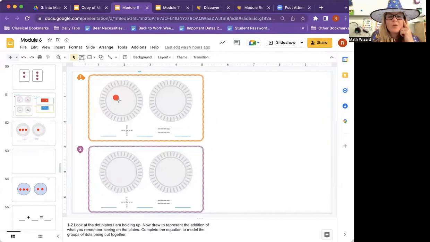I think there were 3? I think so. And then close my eyes. How many did I see on the other plate? I think I saw 2. How would I write that for addition? How would that be? How many are on this plate? Plus 2 equals how many?